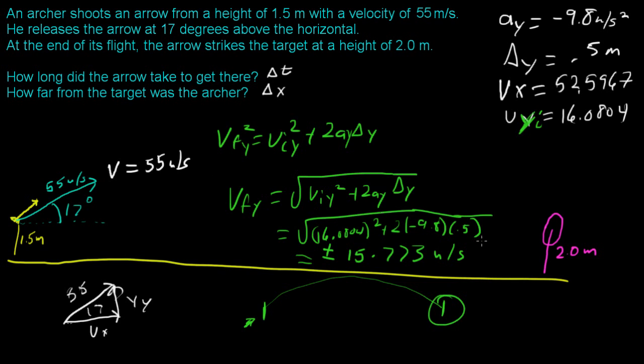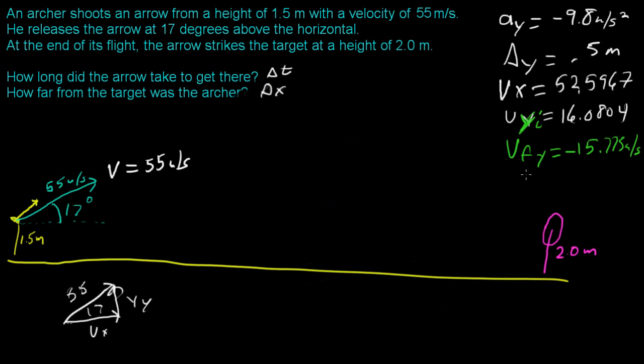So we're going to assume that our VFY is negative 15.773 meters per second. That's because we're going to assume the arrow took this kind of flight, that it didn't just immediately hit the target right there. If you need more explanation on this, raise your hand and I'll come break it down for you a little further. So we found our final velocity in the y direction.